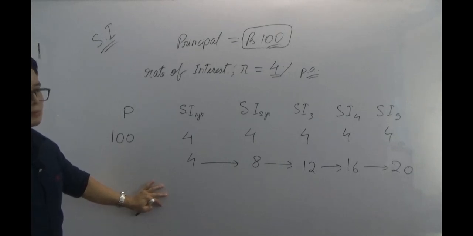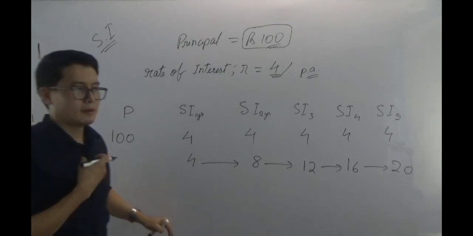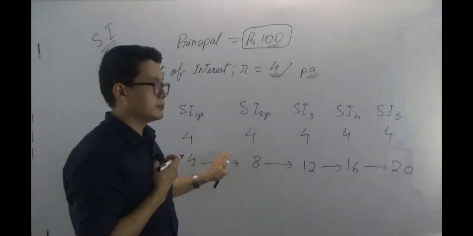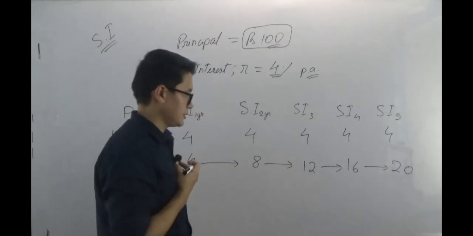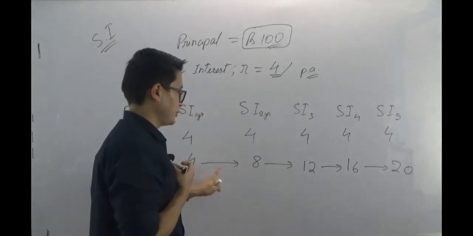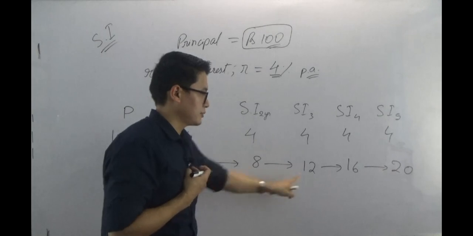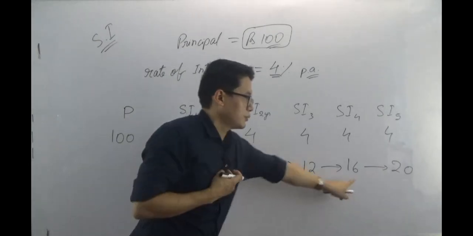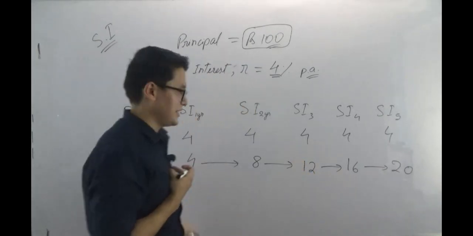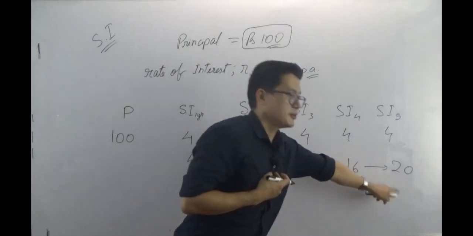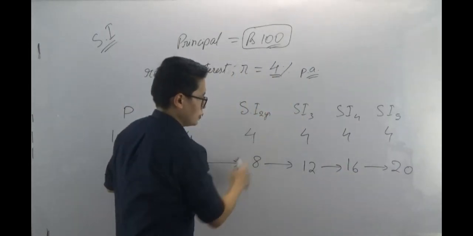Can you see a pattern here? You can say this is an arithmetic progression. 4 into 2 is equal to 8, 4 into 3 is equal to 12, 4 into 4 is equal to 16, 4 into 5 is equal to 20. What is the multiplier?